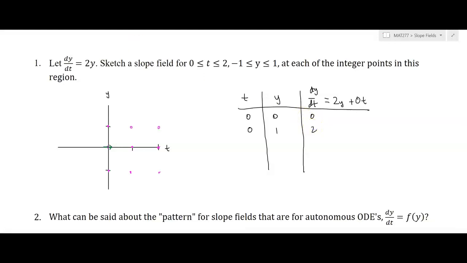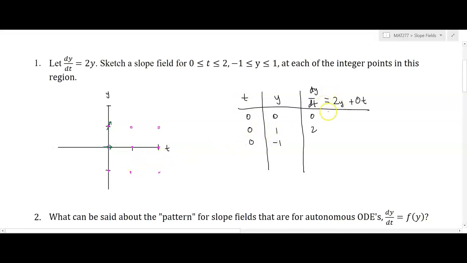We can now generate a little slope segment at this point that has about a slope of 2. If it pointed right over here, that would have a slope of 1, but there's a point up here that it actually aims towards because it has a slope higher than 1, so I'm going to draw a little segment that looks like that. And I'm going to repeat this for 0, -1.